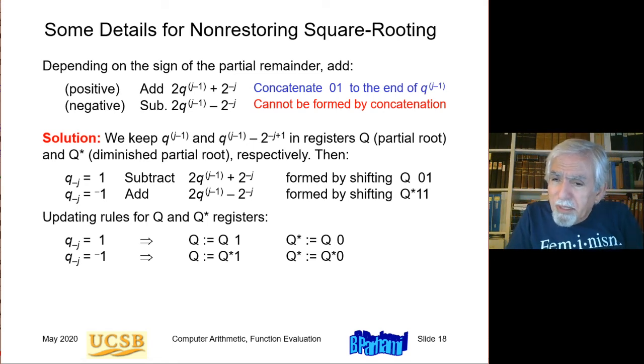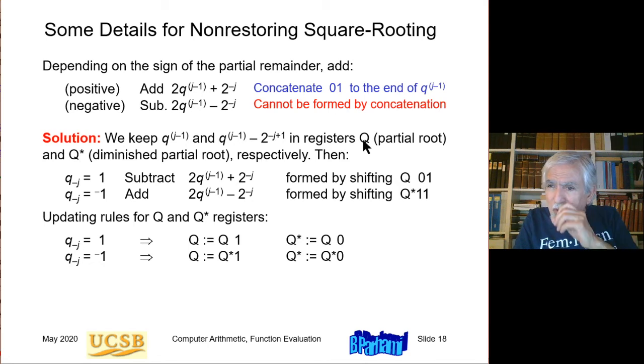We keep the quotient so far in two forms, the regular quotient, which we call q, and the diminished quotient, which we call q star. So the diminished quotient is always 1 ULP less than q.